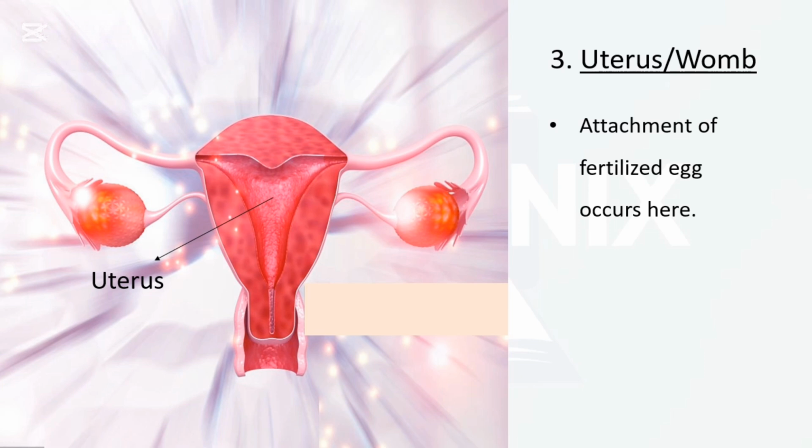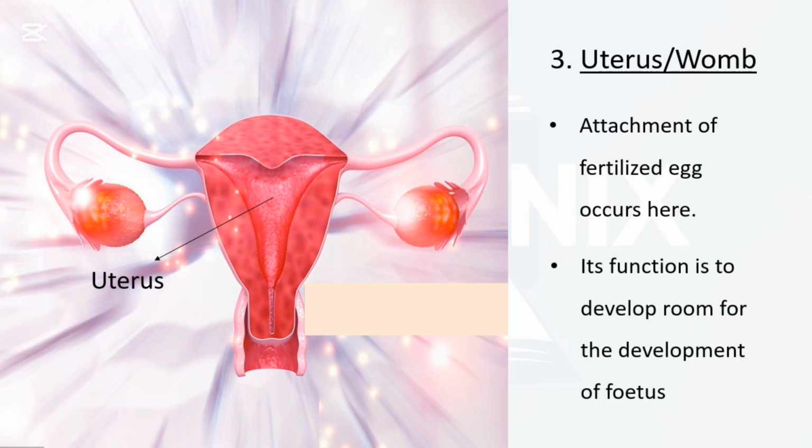And then after the egg is fertilized, it is attached at the uterus. The function of the uterus, it is to provide a room for the development of the fetus. Remember, after the egg is fertilized, it gets attached at the uterus and then it develops into zygote, embryo, fetus, then baby. It develops at the uterus.